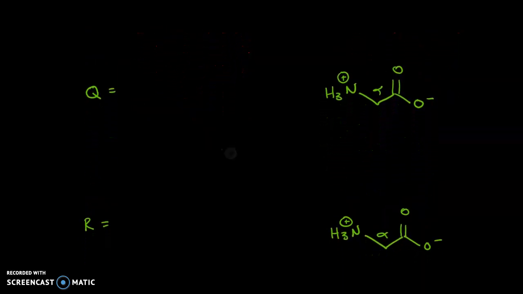Q is glutamine. That's an N. And just like glutamic acid is the counterpart to aspartic acid, glutamine is the counterpart to asparagine. And we can think about that.